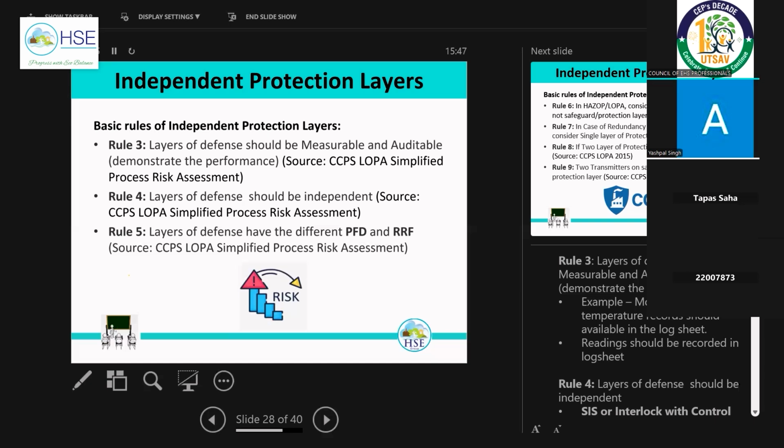So the steam supply valve is 1, but detection is 2. Because in the detection system we have two, temperature and pressure, which have only one action, close the control valve of the steam. We have only one control valve, so the action is 1.